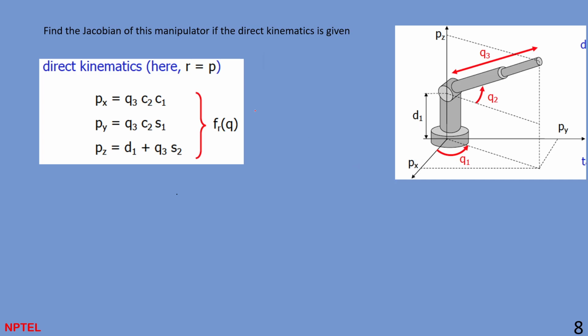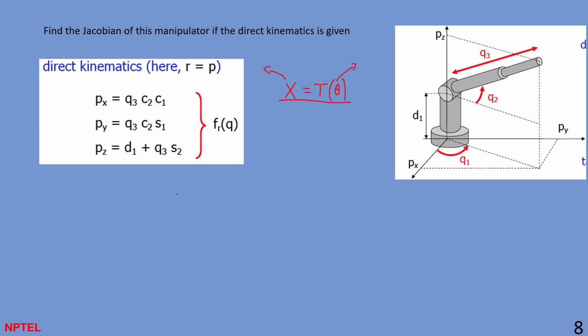Basically, if you have the transformation matrix, it tells you the end effector position. You can easily get it by using some kind of transformation. This is the Cartesian space, and theta is your joint space.